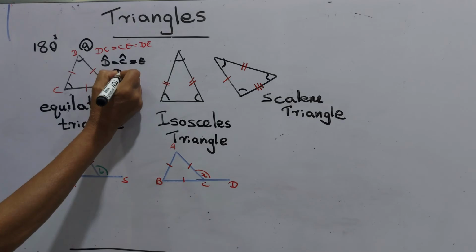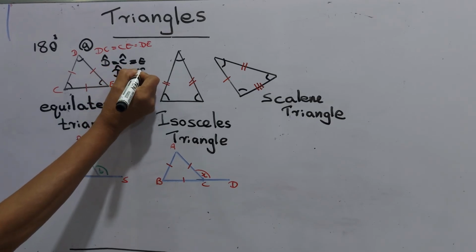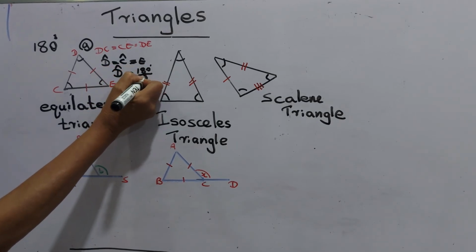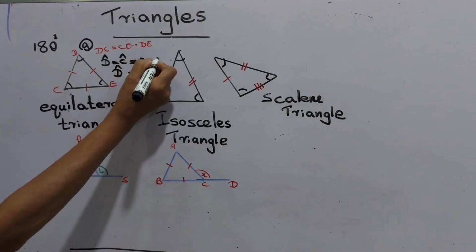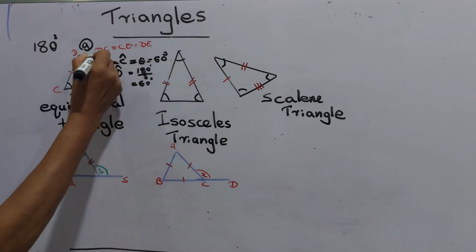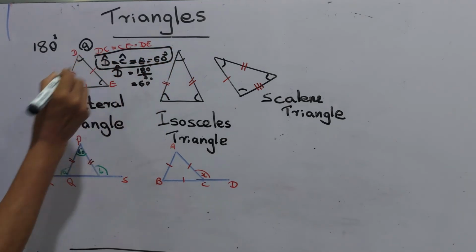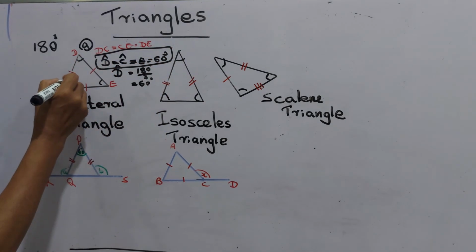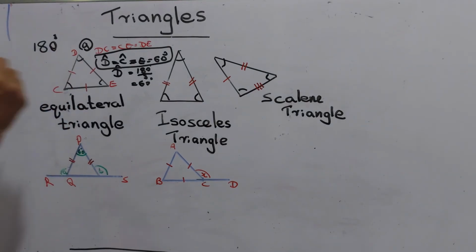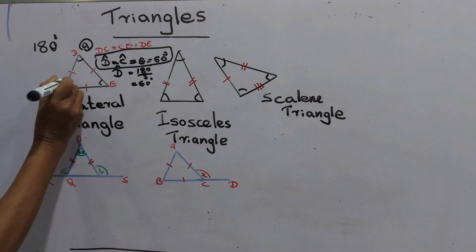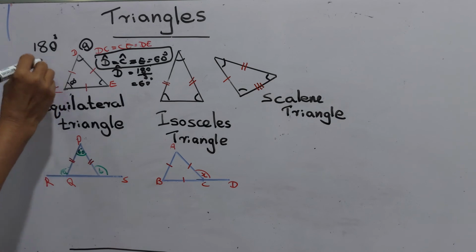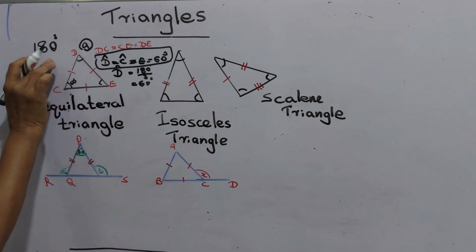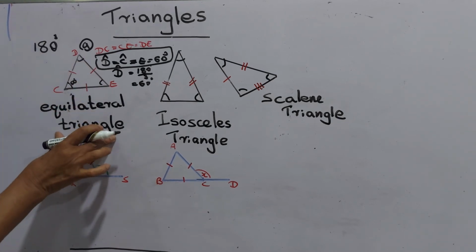Then one angle is 180 divided by 3, that means 60 degrees. In an equilateral triangle, one angle is 60 degrees. This also is 60. All three angles add up to 180 in an equilateral triangle.